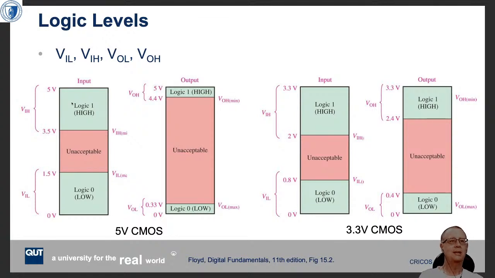So there's 5 volt CMOS. The acceptable output voltages are much higher than the range of acceptable input voltages. Similarly, it's not quite as different in the 3.3 volts, but there's a smaller range of acceptable output high voltages and low voltages than there is on the inputs.